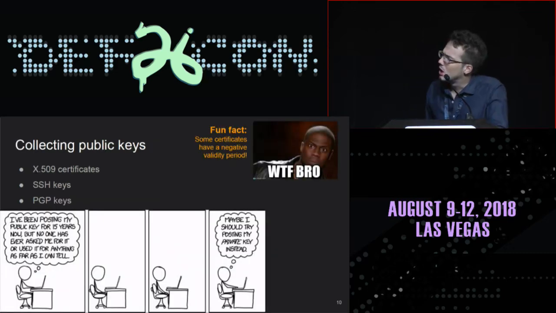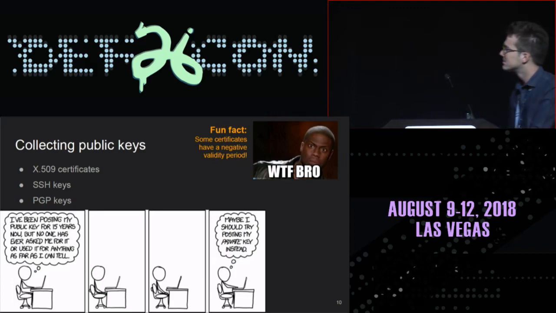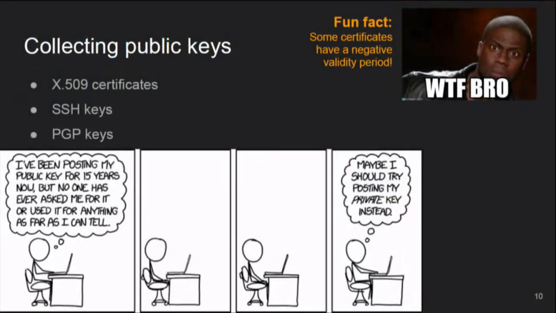So, Niels, how do we collect these keys? Public keys are everywhere, and we have focused on the three most common key container types, namely X509 certificates, which you can find in HTTPS for instance, SSH keys, and PGP keys.